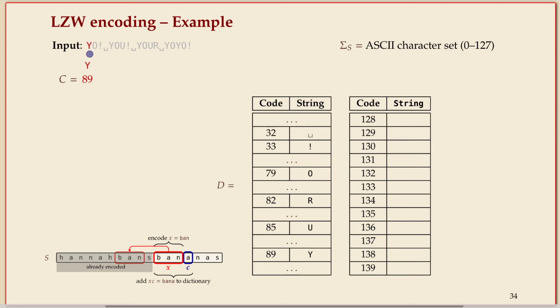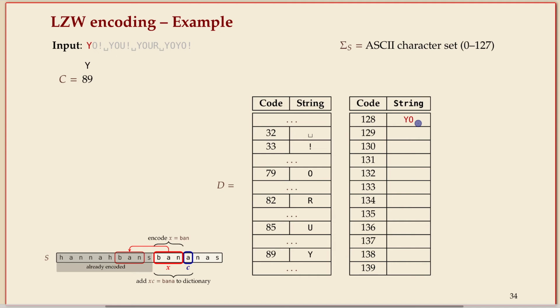So we find the longest thing we can find here in this yo, you, your, yo-yo is the letter Y, which has code 89. So that's our output. But we're not done. We have to add a new thing to the dictionary at this point. So we take the next character after the Y and add that as a new code word.